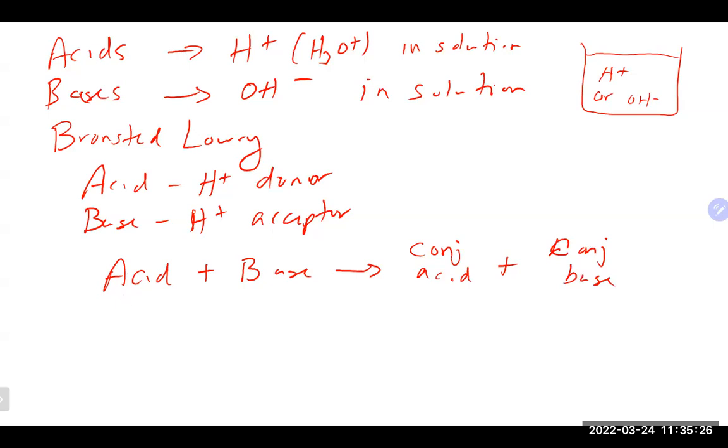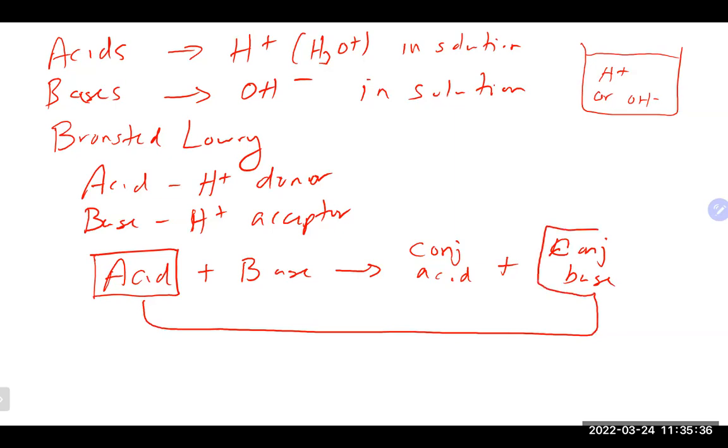Usually on the left-hand side, it's always just your regular acid and base. The acid on the left-hand side has a partner made on the right-hand side of the equation, and that is what is known as the conjugate base. On the left-hand side, our base will have a partner that is known as the conjugate acid.